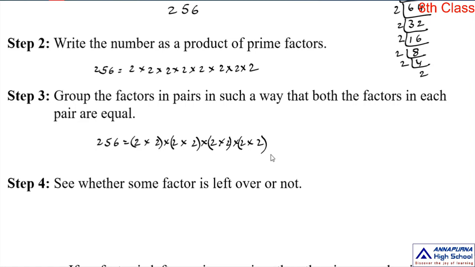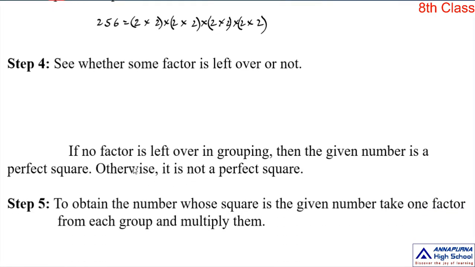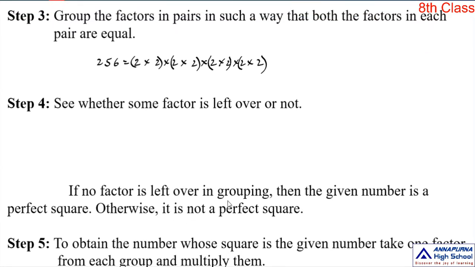So in case no factor is left over in grouping, then the given number is a perfect square number. In this prime factorization, there is no other factor outside the grouping.